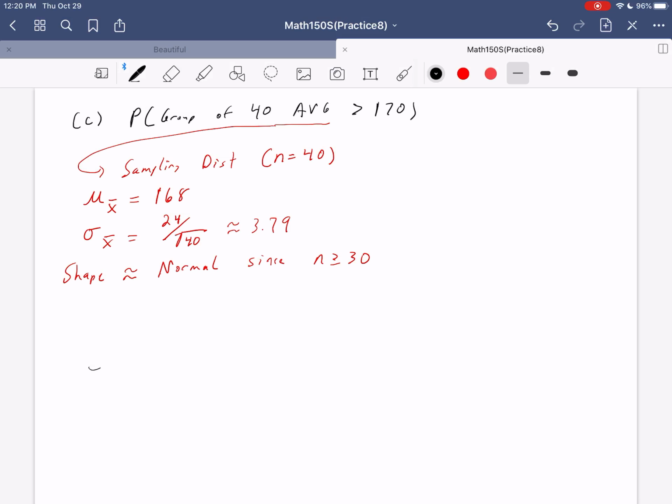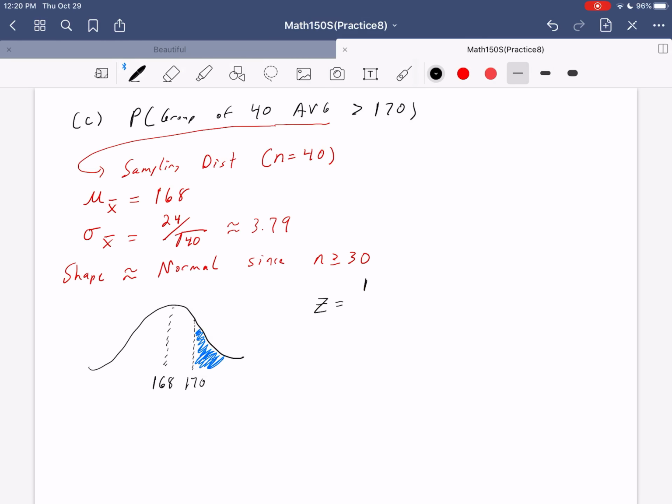We can draw our bell-shaped curve. The middle is still going to be at 168. Our point of interest is 170, which is a little bit above 168. And this time we're interested in the average being above 170, so we will be shading in this stuff to the right, all the values that are above 170. All right, let's go ahead and calculate our z-score.